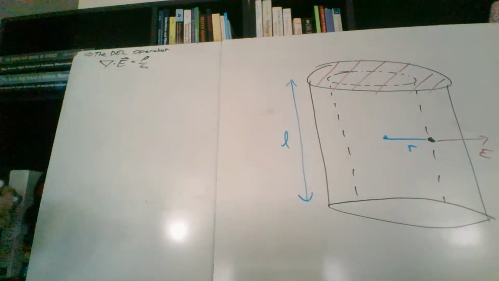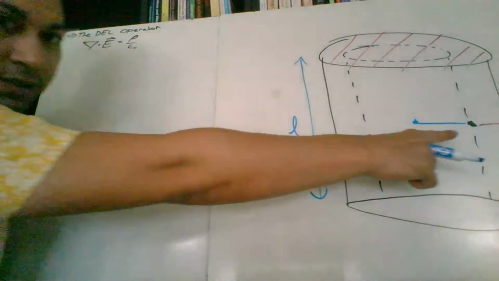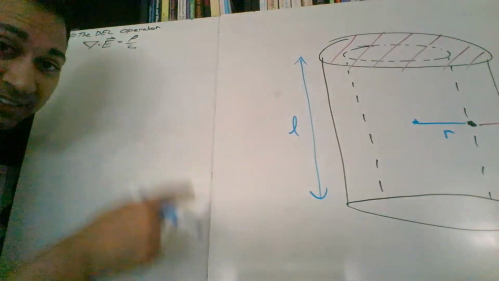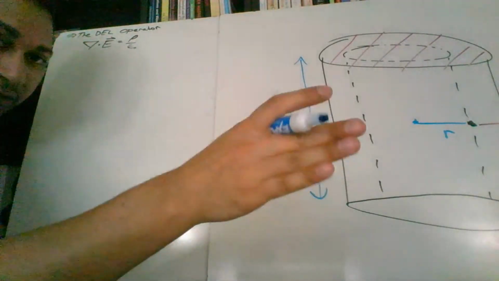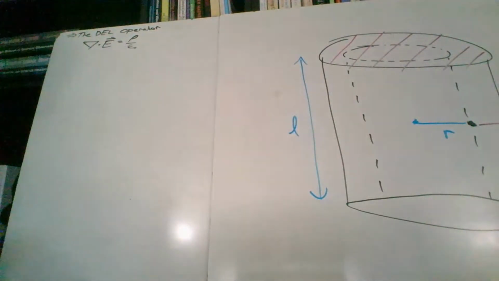We're going to use the cylindrical coordinate system. In the cylindrical coordinate system, the electric field here is all going to be the same. So the z component doesn't matter. It doesn't matter how much you turn. It's all the same electric field for a long cylinder.